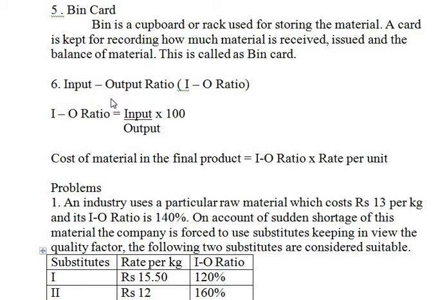So bin is a cupboard or a rack used for storing the materials, wherein the card is used to keep the records of the materials moving. That is called a bin card.